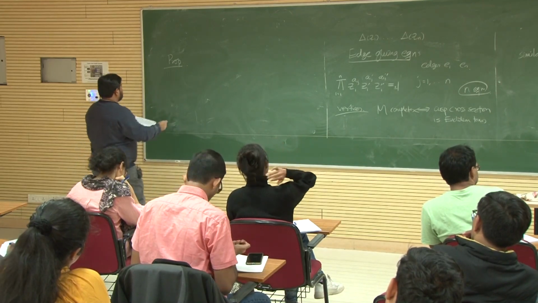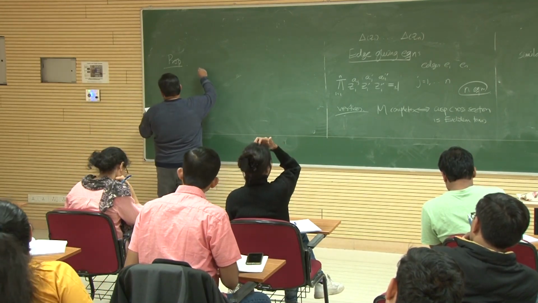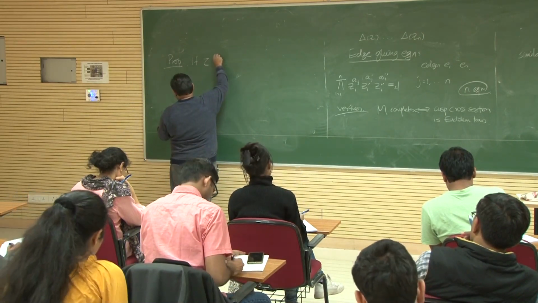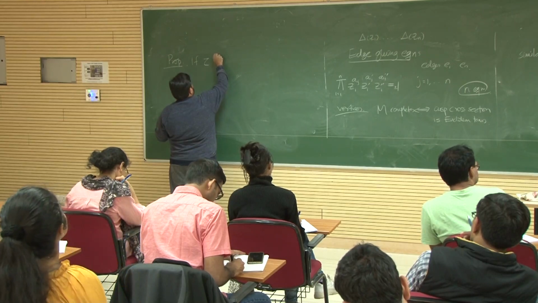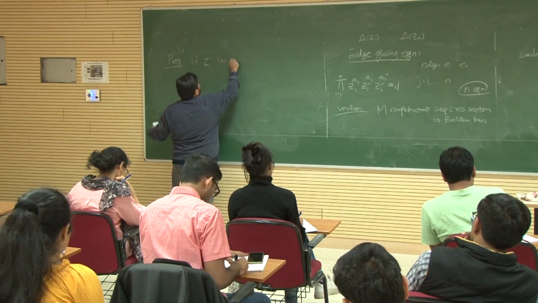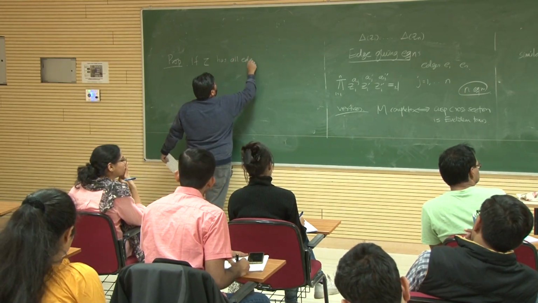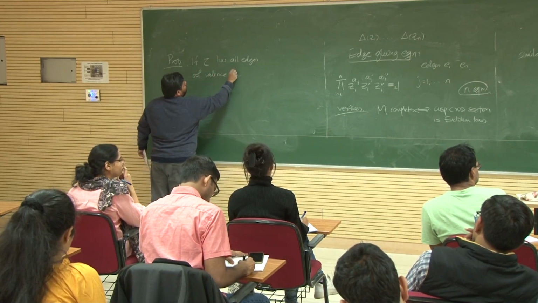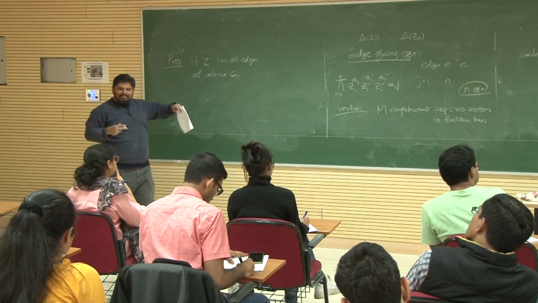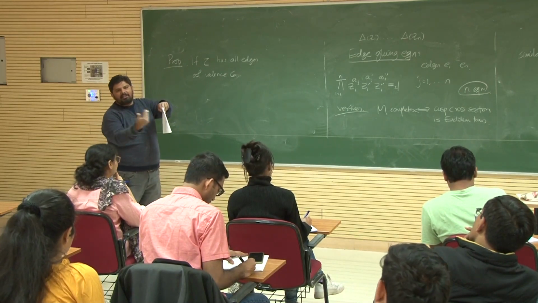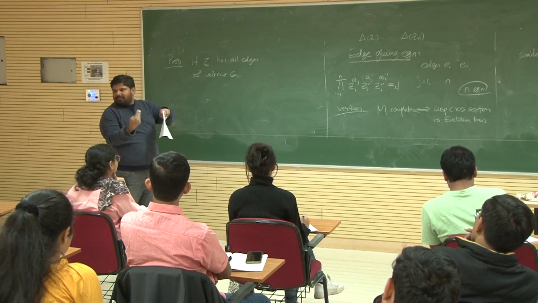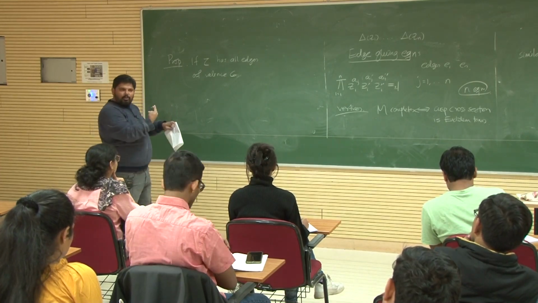So the proposition says that if your ideal triangulation has all edges of valence 6, what does that mean? It means that every edge is incident to 6 tetrahedra. So pi by 3 times 6 is 2 pi. That is why you need 6.